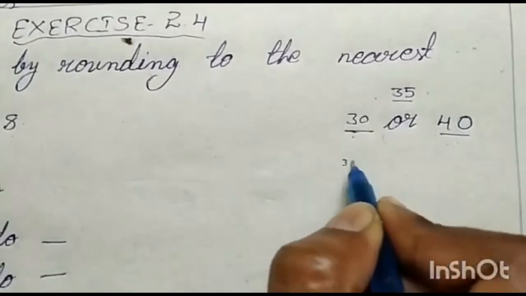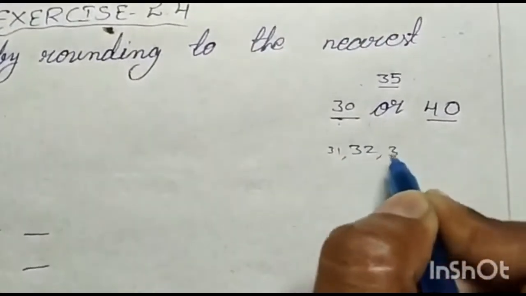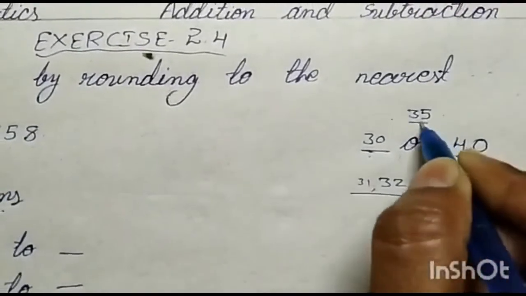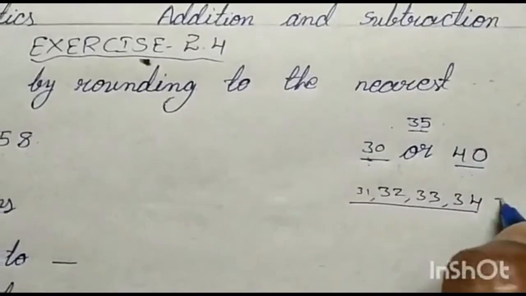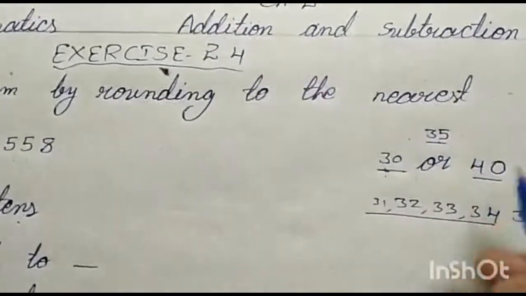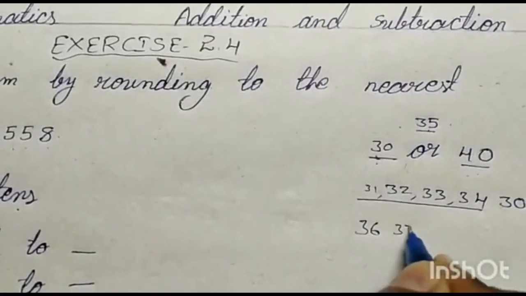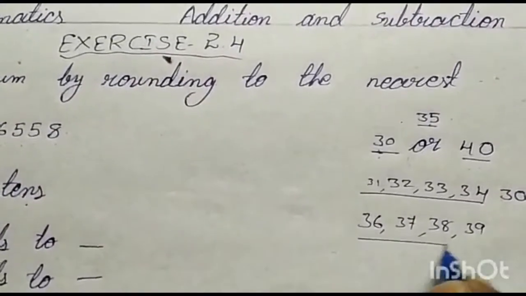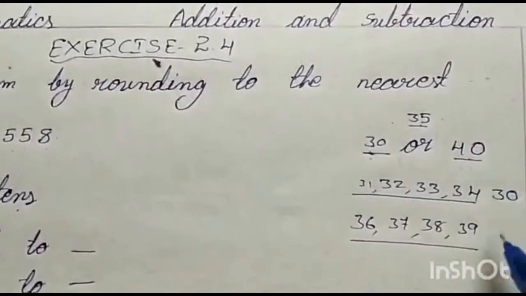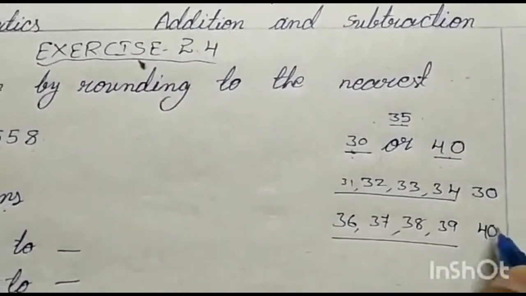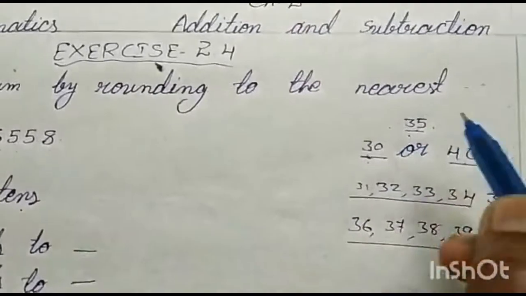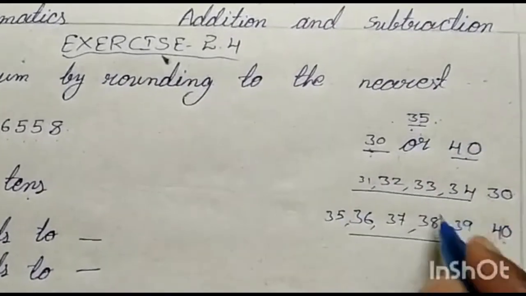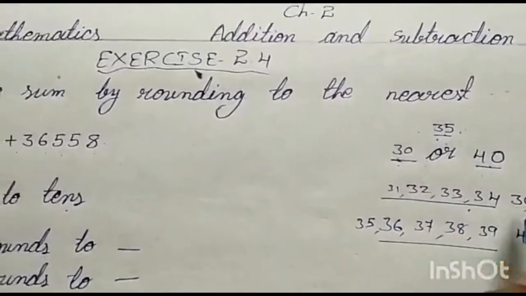If suppose 31, 32, 33, 34, these four numbers are nearest to 30, and 36, 37, 38 and 39 are nearest to 40. 35 also is nearest to 40. Below 35 it is nearest to 30.